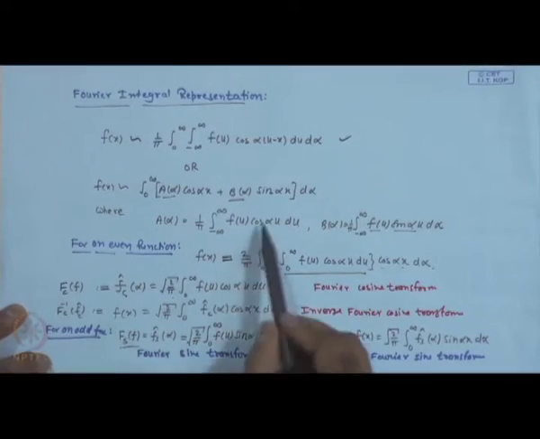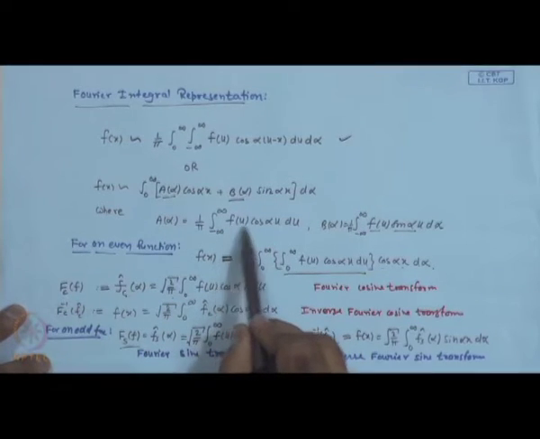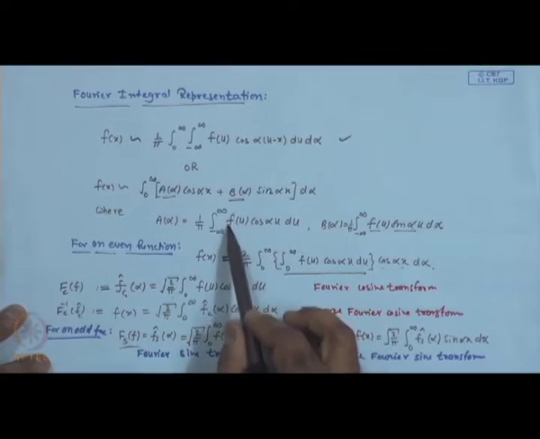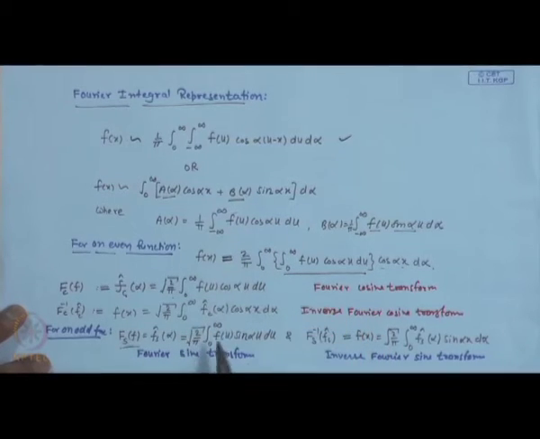For this odd function, the a(alpha) integral is going to be 0, because this is odd and this is even, so we have the odd integrand and the integral will be 0, and we have only b(alpha). Then, as we have done for the cosine, the inverse Fourier sine transform is square root 2 over pi, integral of f hat s(alpha) sin alpha x d alpha. So this is the inverse Fourier sine transform, and this is the Fourier sine transform.